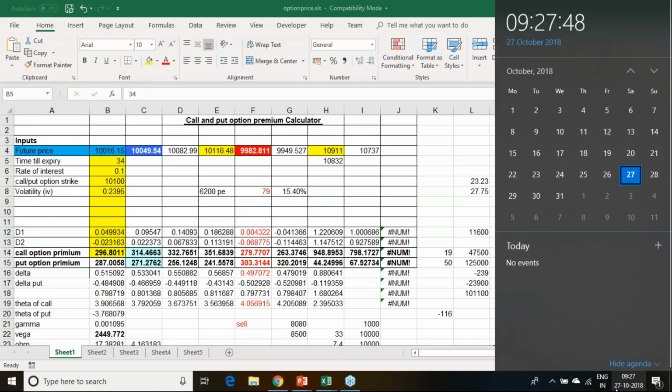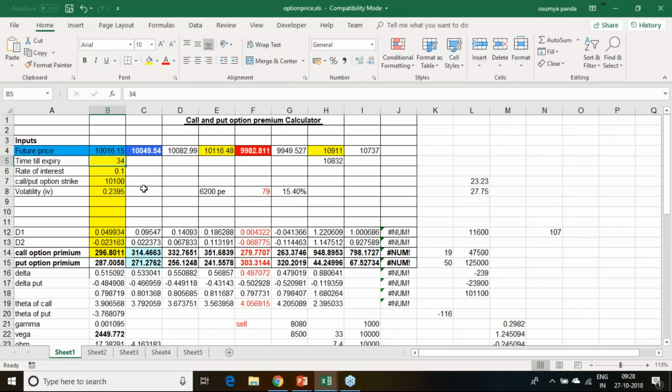I am recording on the 27th, which is a holiday. The expiry is on 29th November, so 29 days plus 5 days, 34 days.